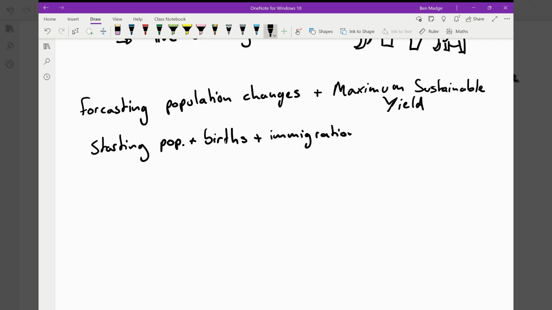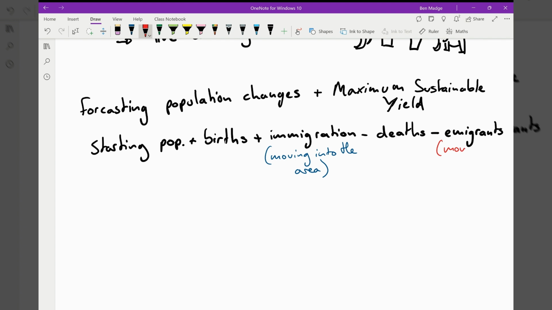So this is animals moving into the area. And then we take away deaths. And we also take away emigrants, which are individuals that have moved away from our area of interest. And this will tell us if the population is either increasing over time or decreasing over time.